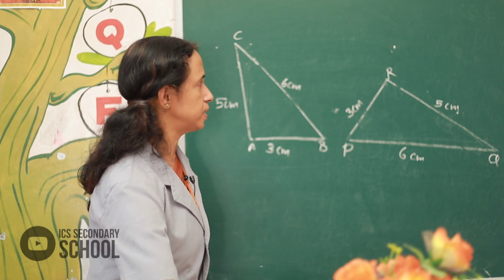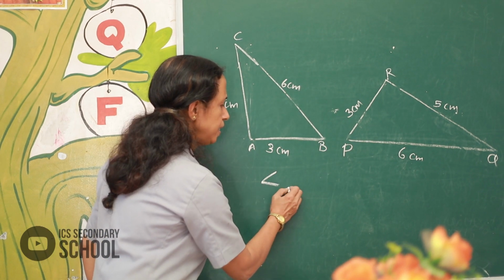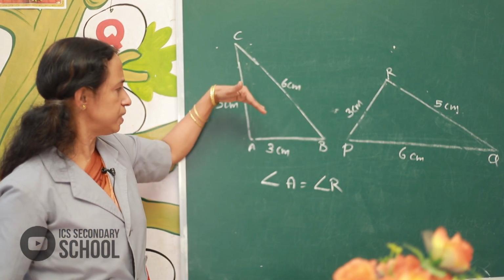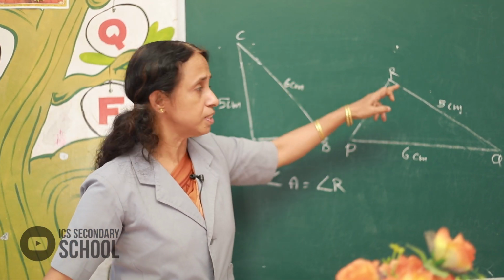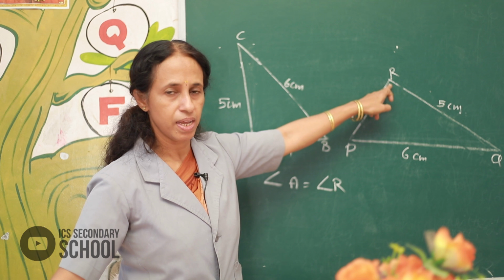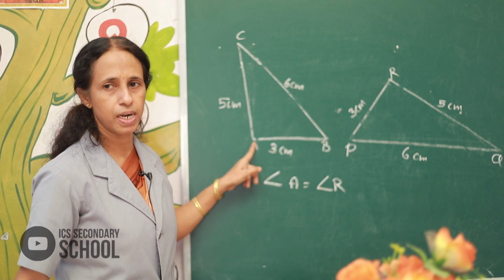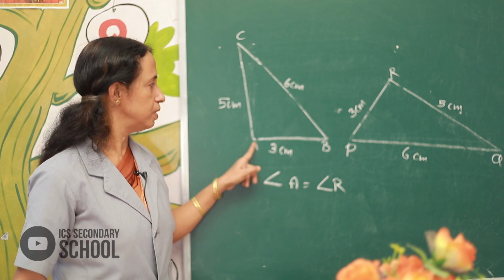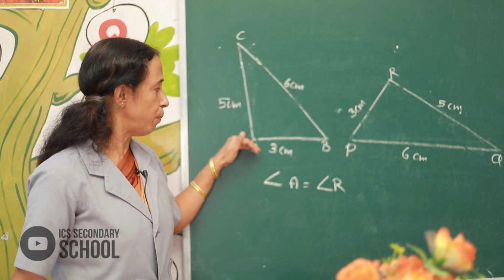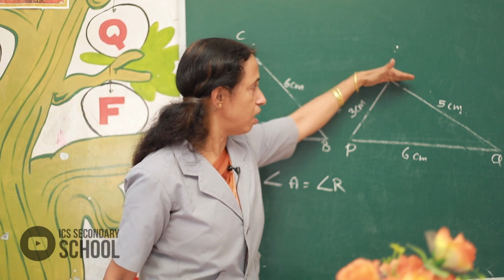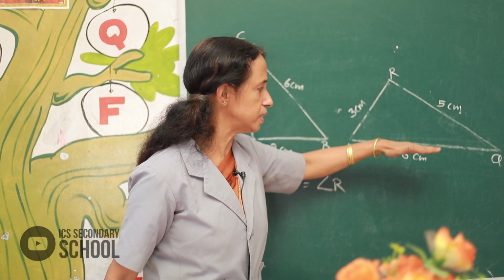Thus we can write angle A is equal to angle R. Angle R is the largest angle of triangle PQR and angle A is the largest angle of triangle ABC. Angle A is the opposite angle of side BC and angle R is the opposite angle of side PQ.